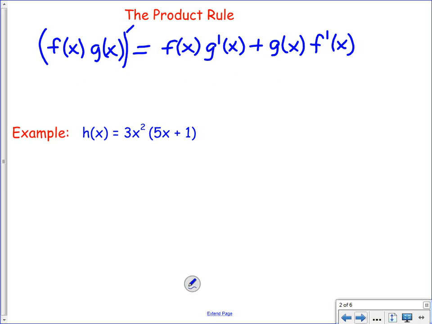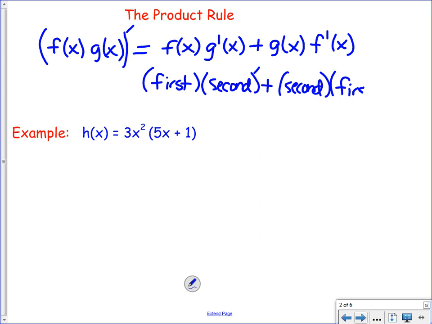It's the first function times the derivative of the second function plus the second function times the derivative of the first function. So a lot of times when I'm doing this, I'll say this in my head: first times derivative of the second plus second times derivative of the first. All right, so let's look at the same example but using the product rule.